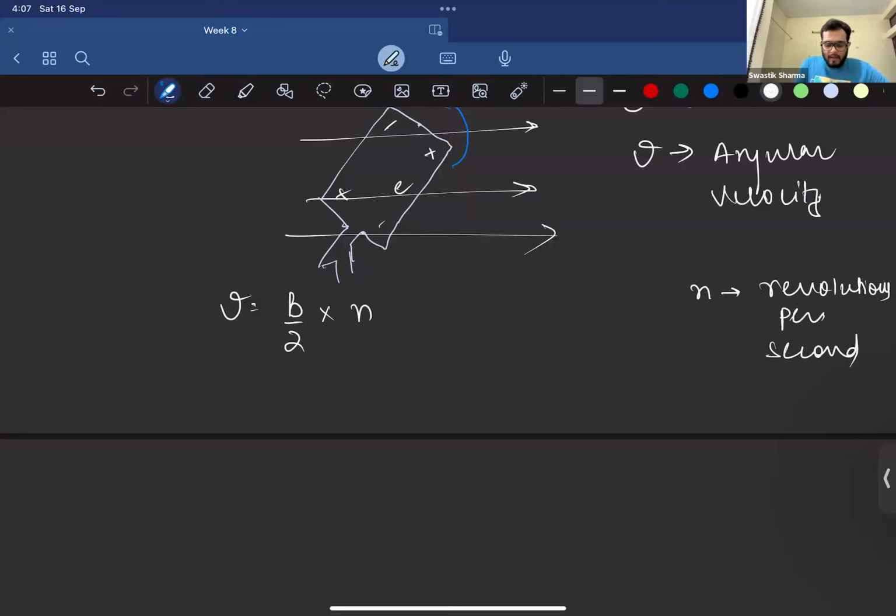And obviously 2 pi, because it's making a 360-degree rotation. So it comes out to be pi b n.